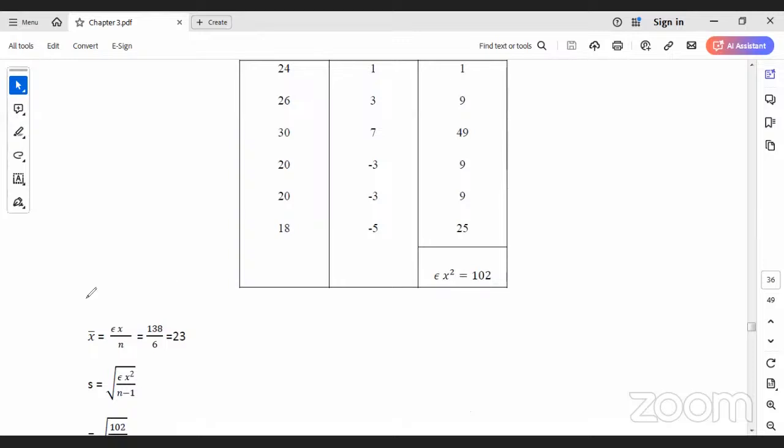X bar is equal to sigma x by n. The total is 138, divided by the 6 values, so we got 23. If you get 23.1, then that is the assumed mean. You can take any value from the given question for calculation purposes only.